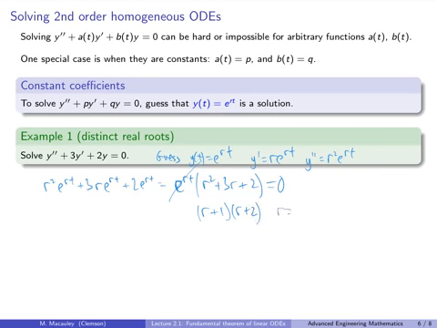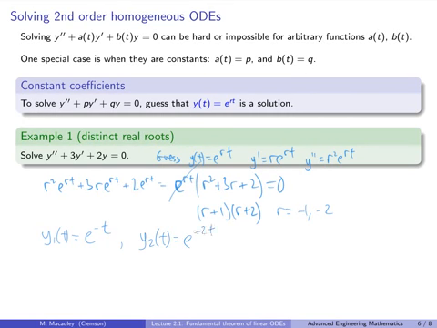So we get r equals negative 1 or negative 2. So in this case, before we say the general solution, we have one solution of the form e to the negative t. That's this root. And the other solution we have is e to the negative 2t.